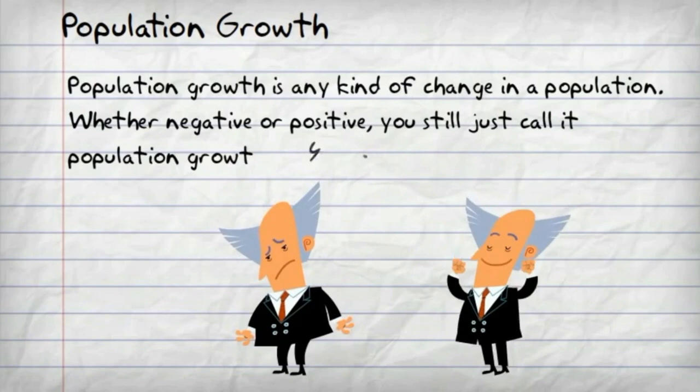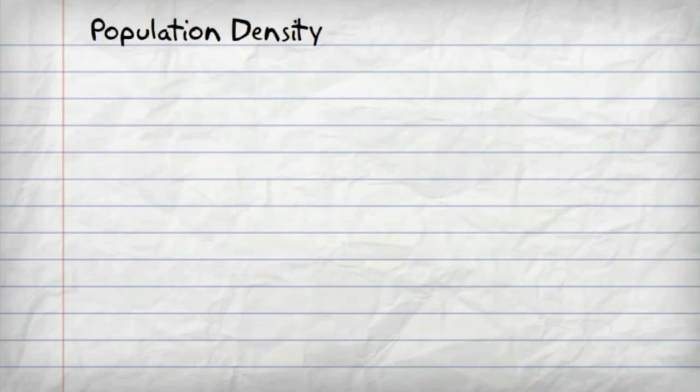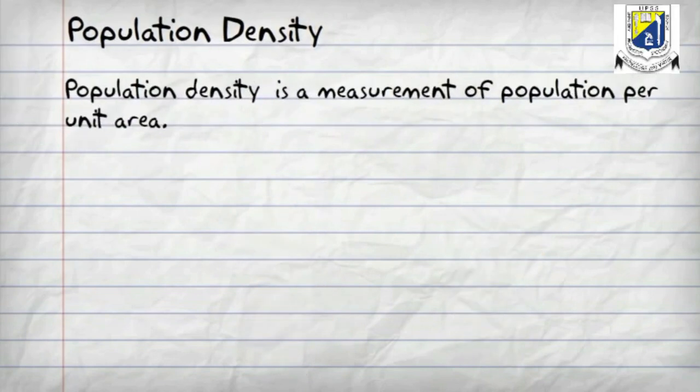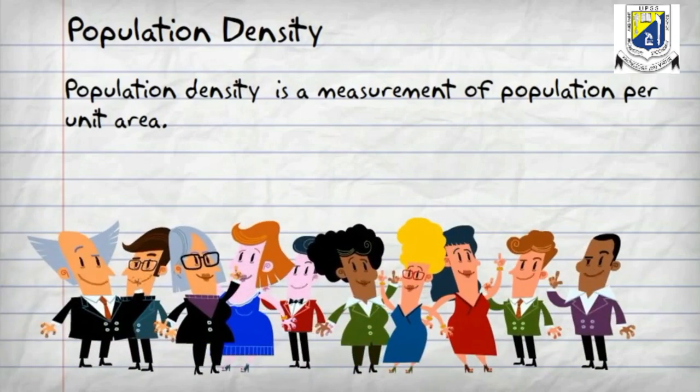We still refer to it as population growth. Population density, on the other hand, is defined as the number of persons per square kilometer of land.